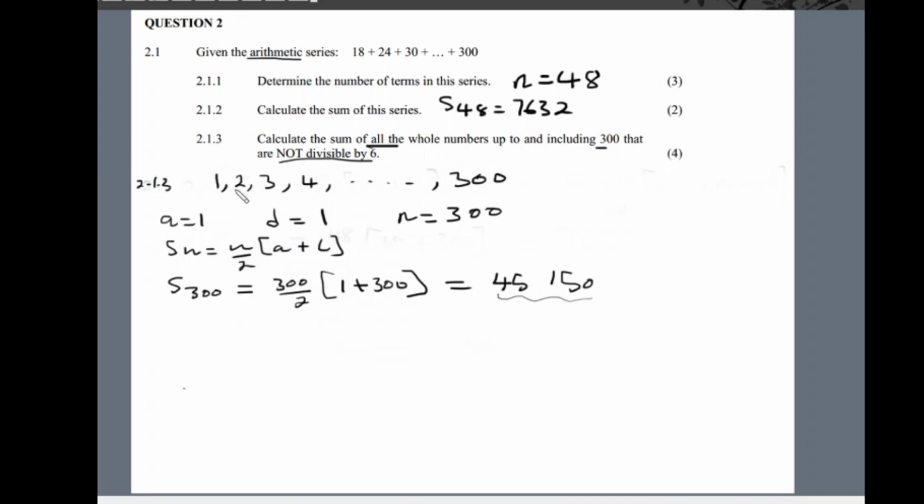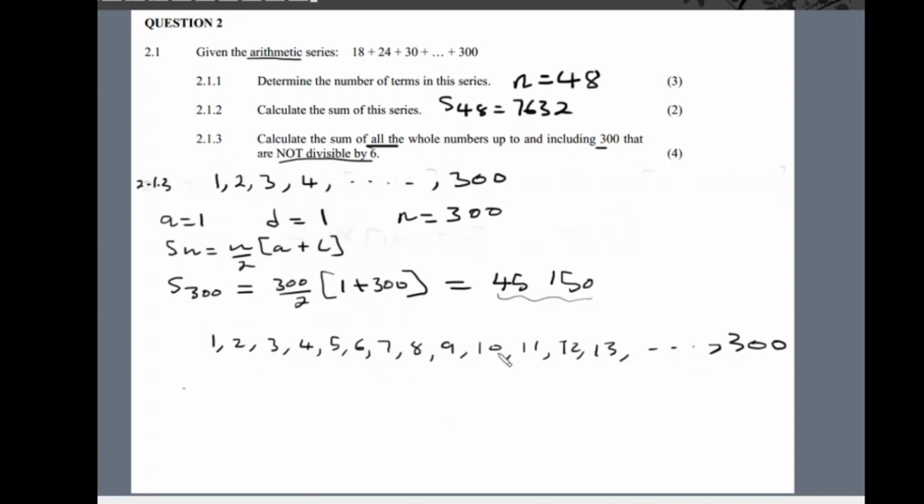So if you consider that sequence again, 1, 2, 3, 4, 5, 6, 7, 8, 9, 10, 11, 12, 13, all the way to 300. They wanted the sum of all the terms, but then we should not include those terms that are divisible by 6. So we have the sum of all the terms, right?